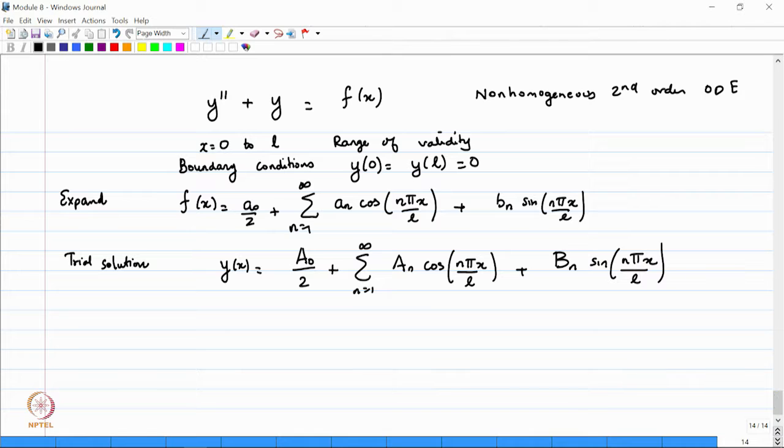Okay. Now suppose I have this. What will be y prime of x? The first term will go to 0, a 0 will not contribute.